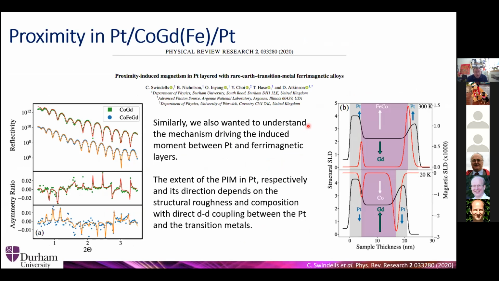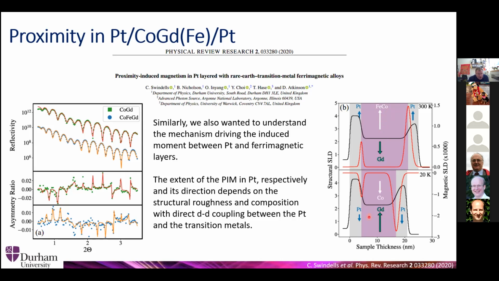And then also finally looking at proximity between platinum and ferrimagnets and trying to understand how that induced moment comes about. From changing the composition of our ferrimagnet from iron cobalt to simply cobalt, it changes the amount of the transition metal. So the spin flip between the iron cobalt and the gadolinium is reversed.